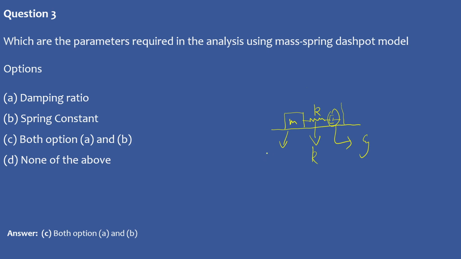Among these three parameters, two are in the options, the damping ratio and the spring constant. Mass is also one of the parameters, which is not included in the option, but both option A and B are correct. So the correct answer is option C, both option A and B.